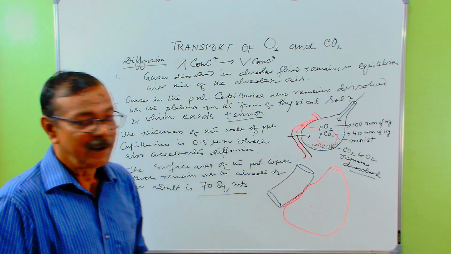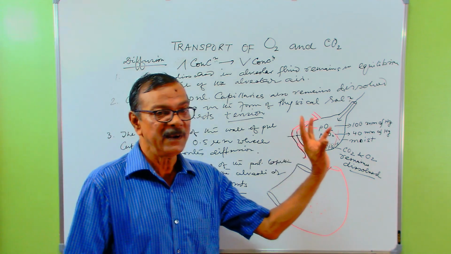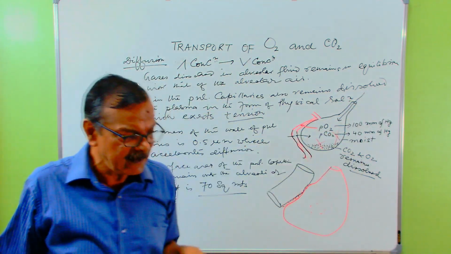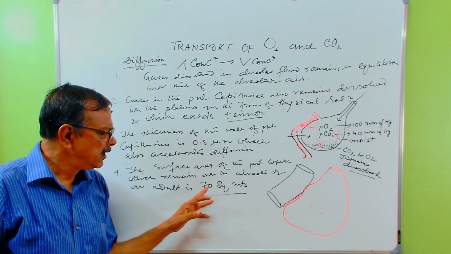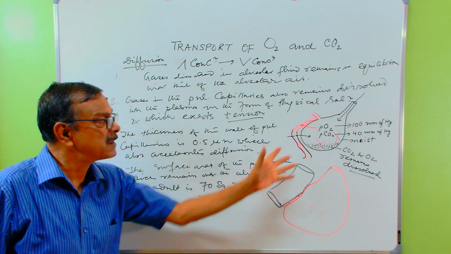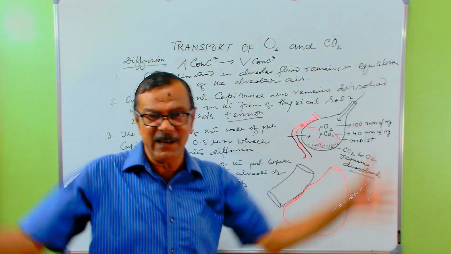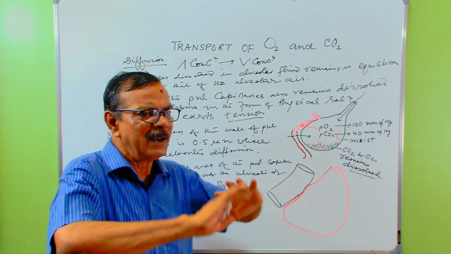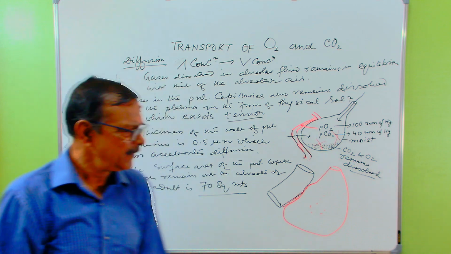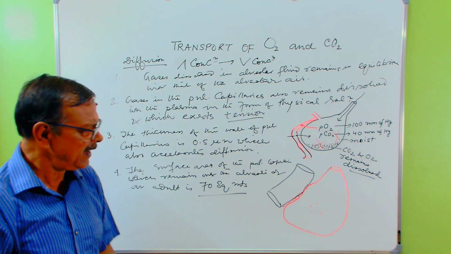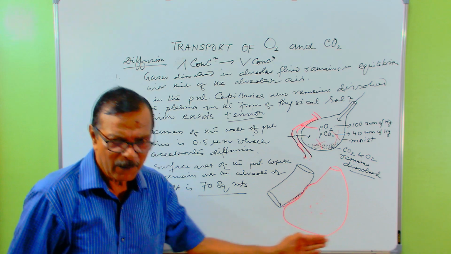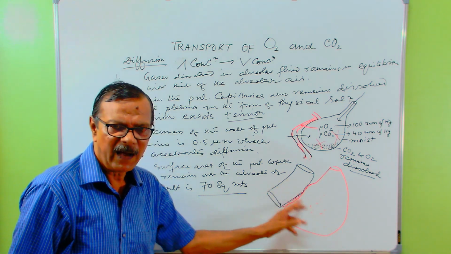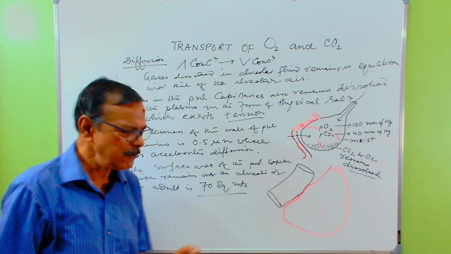How much? This area has been calculated for an adult; if you spread it, it is huge, 70 square meters. It's a large area. So over a large area, these thin capillaries form a network, and over a large area the oxygen or CO2 will be diffused, going in and out.